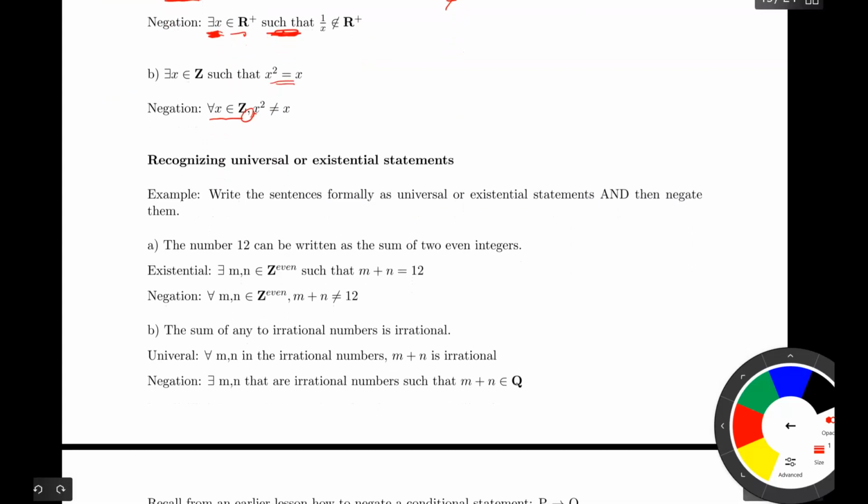Okay, so here I have this. This is an informal statement, right? Written in words. So what I want you to do is write it formally with the universal or existential, figuring out from the words whether it is a universal or existential. And then I want you to negate it. So 2 things.